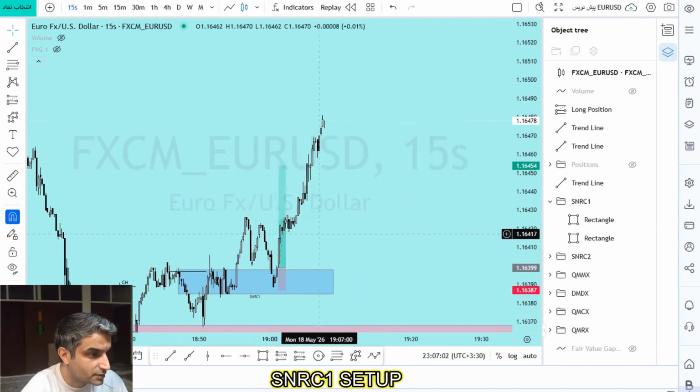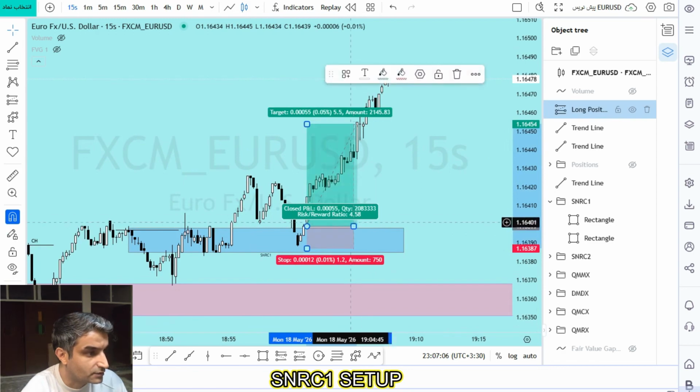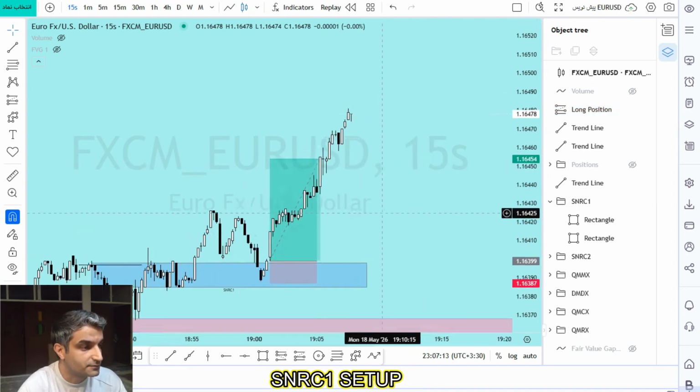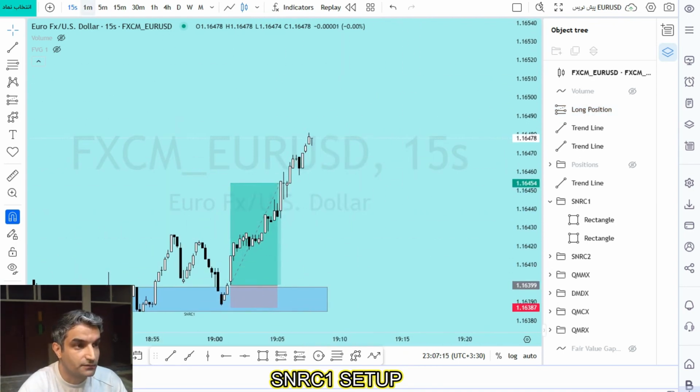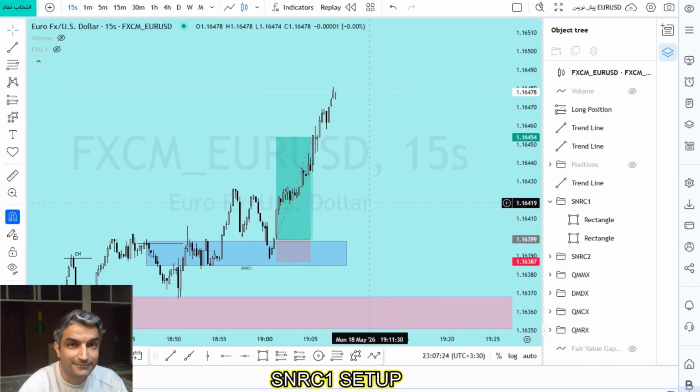As you see, price had a reaction to our area, and its risk reward ratio is around 4.5, and it's more than this, but we prefer to take it based on the first TP, and it will be enough. Okay, this was our first example.